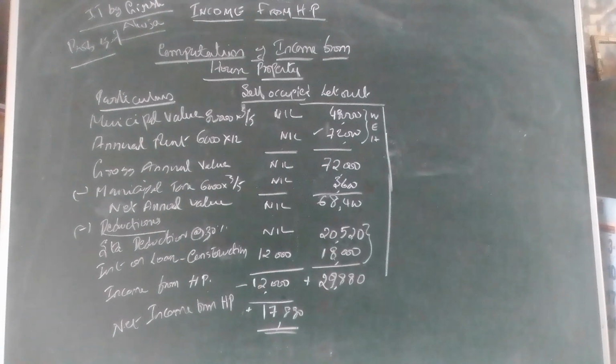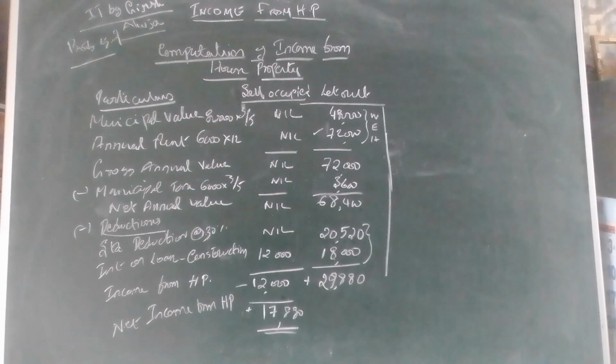The self occupied portion was 2/5 of the house. Then obviously 3/5 of the house is let out. So, interest on loan is given as 30,000. For self-occupied property, we have to take 2/5, and that comes to 12,000.